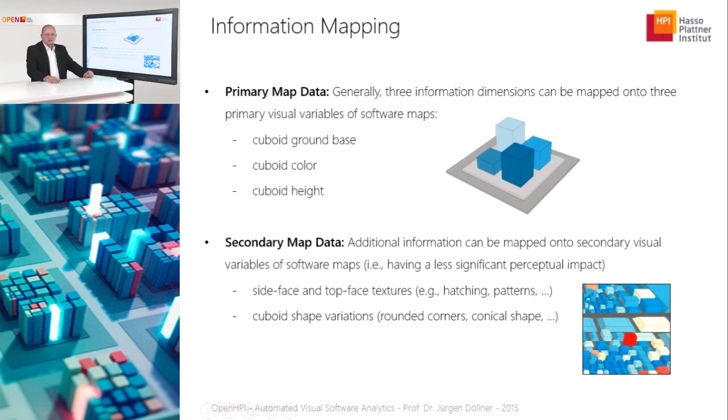Information mapping can take advantage of and actively use primary visual variables and secondary visual variables. Of course, the difference is primary visual variables are stronger. So they are stronger with respect to human perception and cognition, and of course to the information processing by the human user.